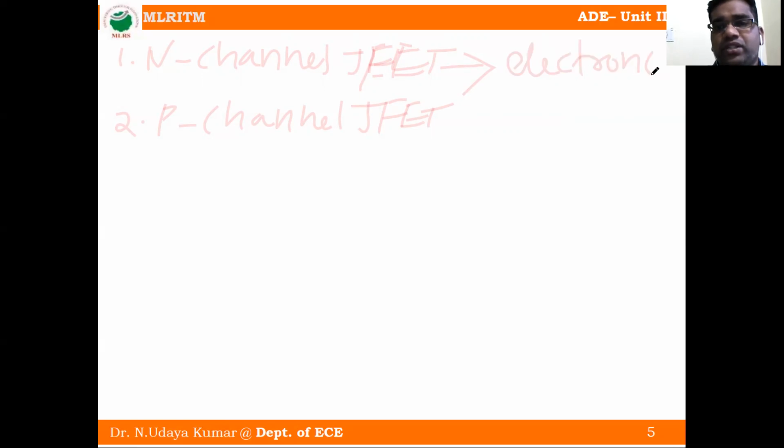In P-channel JFET, the majority charge carriers are holes. You have to remember: P for positive, and positive means holes.